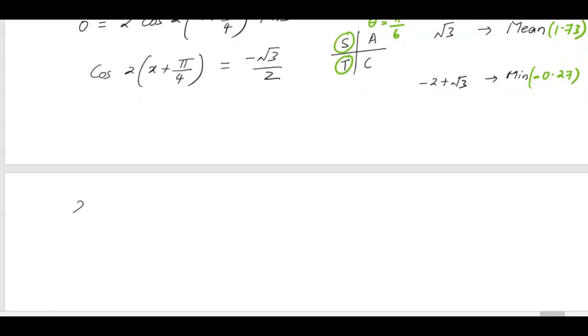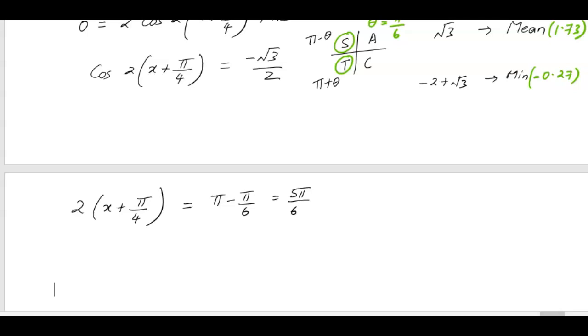So we're going to have 2 times x plus pi on 4. Now any angle in the second quadrant can be found by using pi minus theta, and the third quadrant is going to be pi plus theta. So pi minus pi on 6, which is nothing but 5 pi on 6.